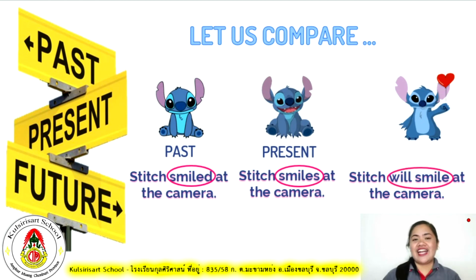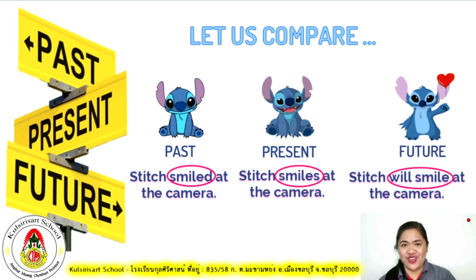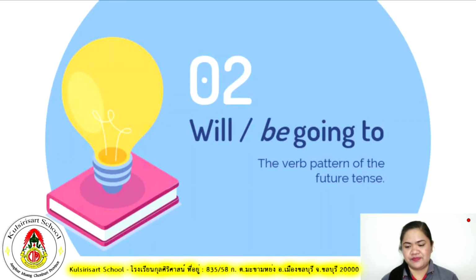So, that is the sentence which tells us about future. Meaning, Stitch has not yet smiled at the camera. He will smile in the future. Okay, we are finished with the definition or meaning of the future time.